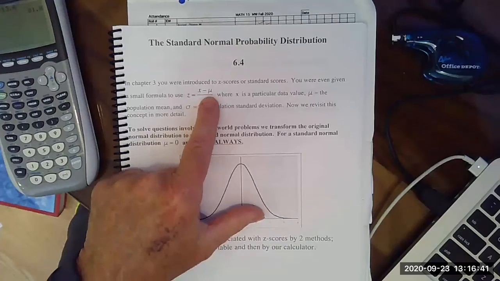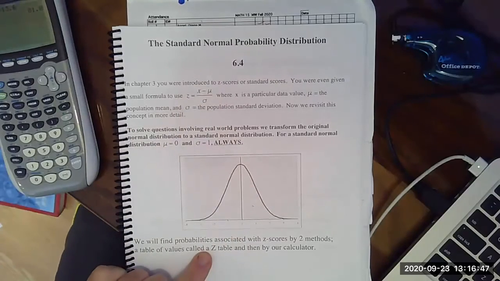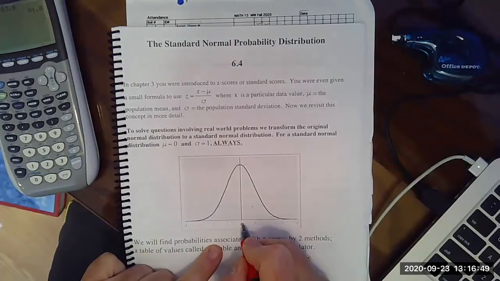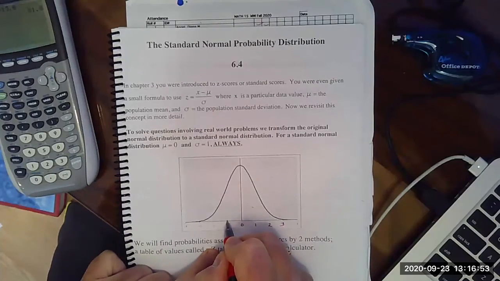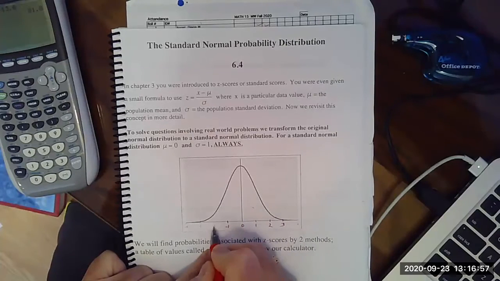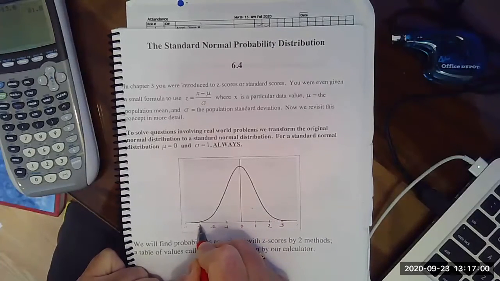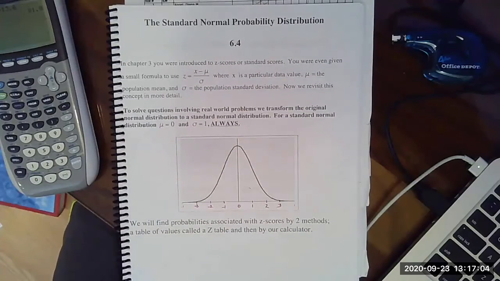It takes a raw data score and turns it into a number, they call them z-scores, that range from 0, down here you'll see it, and 1, and 2, and 3, and -1. You don't need to go to 4.